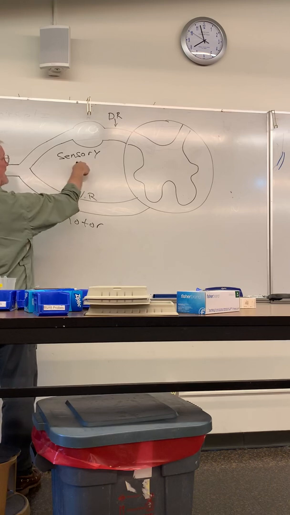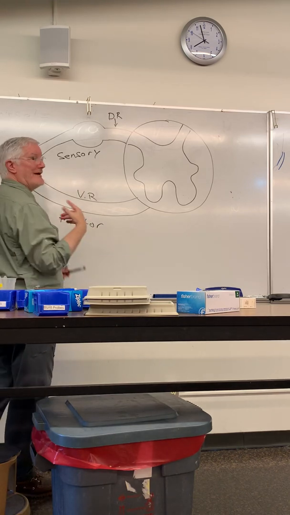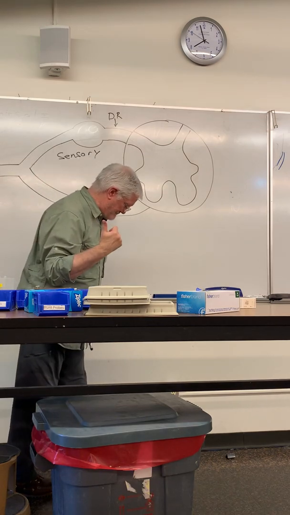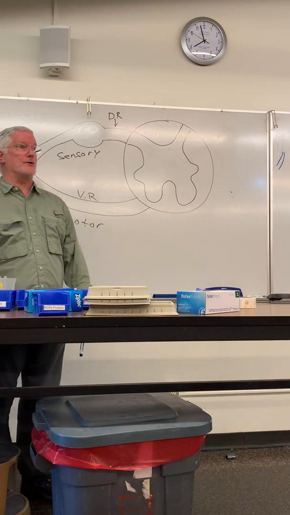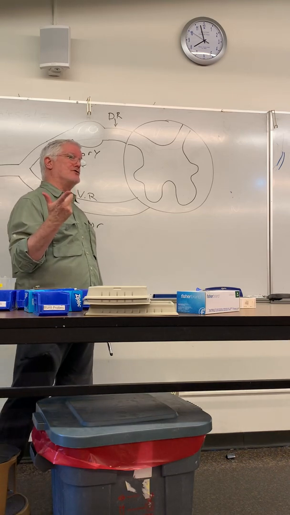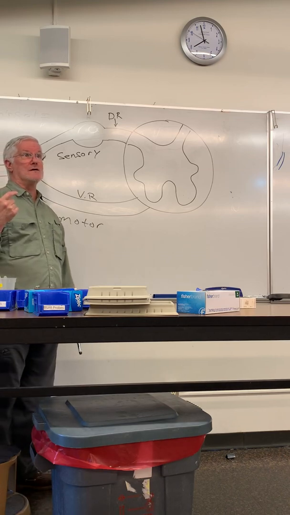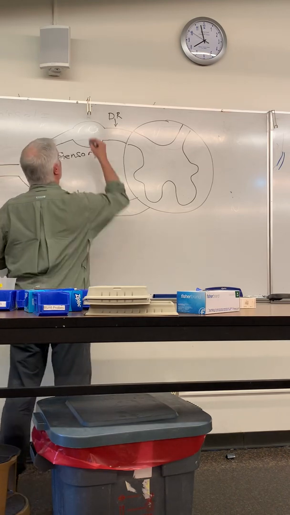Well, sensory, I remember from John's talking about the different ways of organizing neurons. I could do it by function. You can also do it by structure. And I remember that there's a certain type of structural neuron whose role is in a sensory fashion. That's a unipolar neuron. So I remember unipolars kind of look like this.